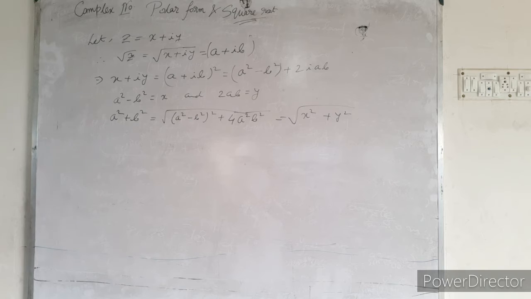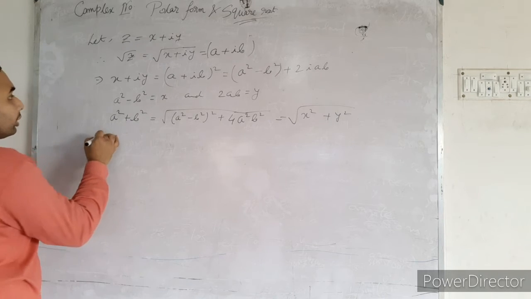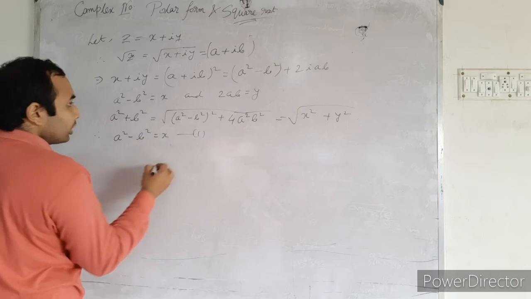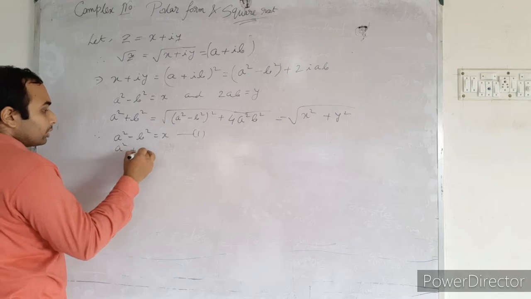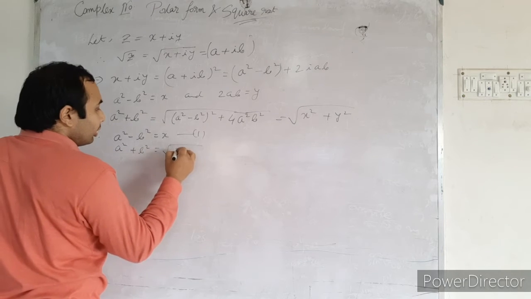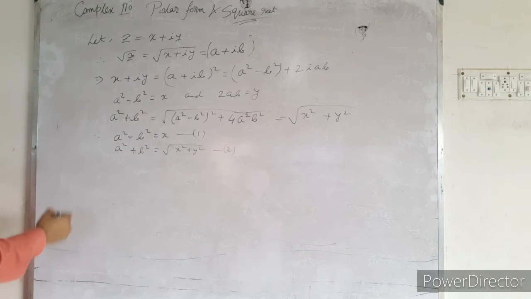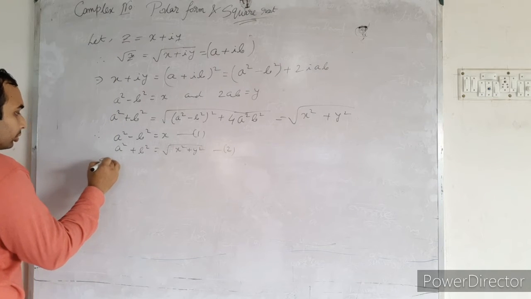So students, finally what are we getting? We are getting a square minus b square equals x, equation number 1, and a square plus b square equals root over x square plus y square, equation number 2. Let us solve equations 1 and 2.